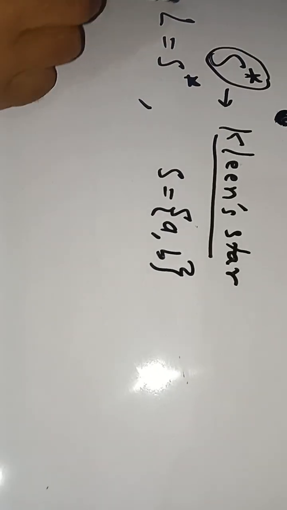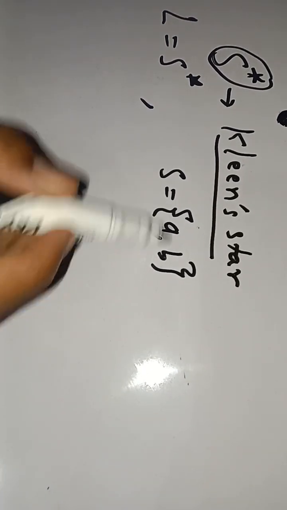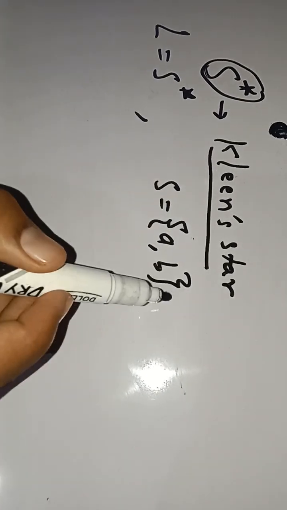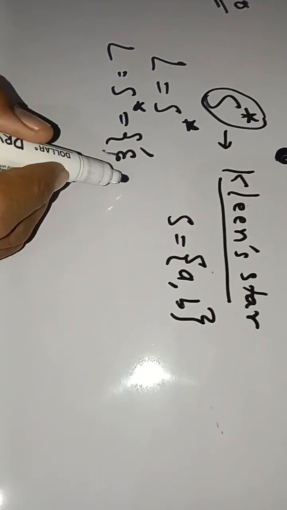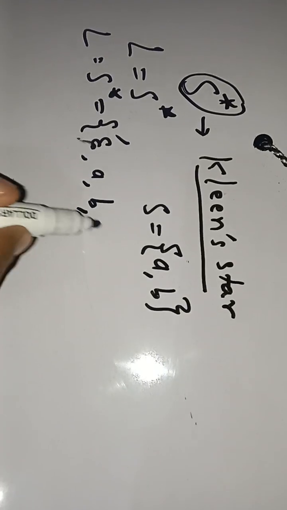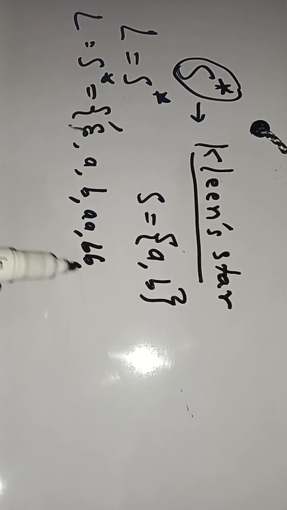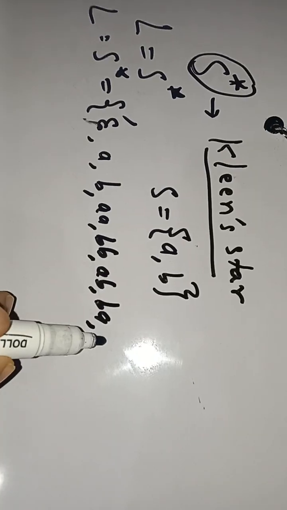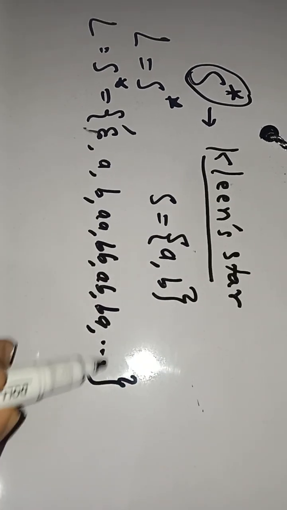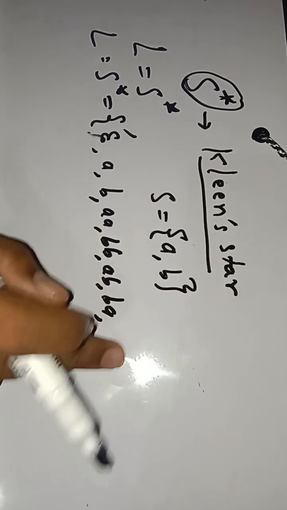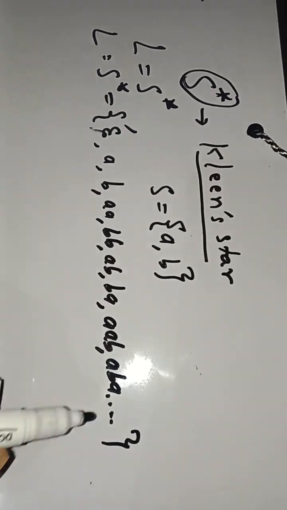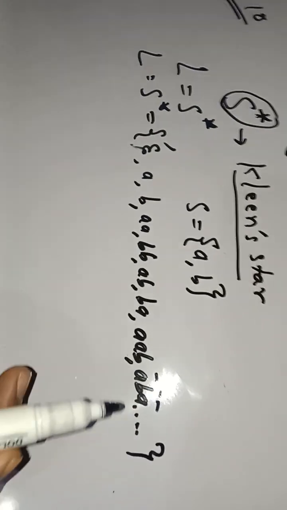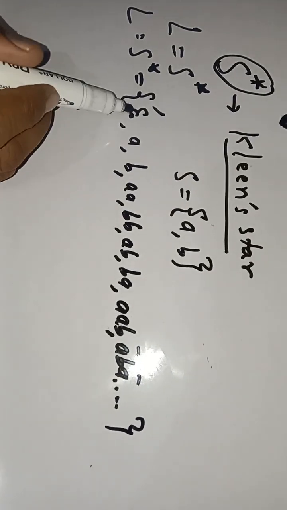This S star is the language of all the a and b strings, including the empty string, then a comma b, aa, bb, ab, ba, and so on, whatever the length of the positions in the string.